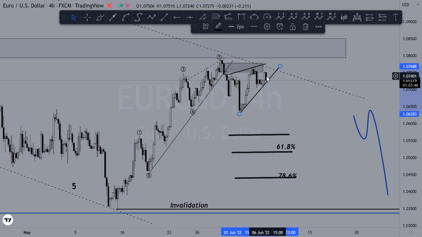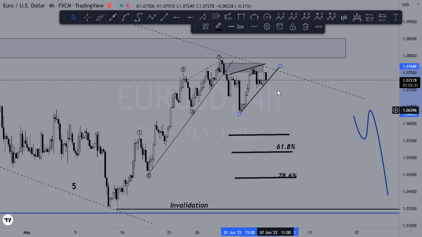I just want this price to push a little bit and take out this previous high that was posted here. Then from there I look for a lower risk entry and take my trade to the downside.